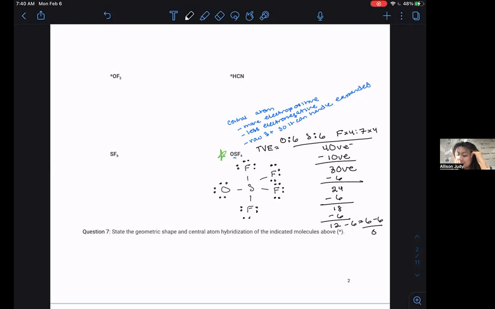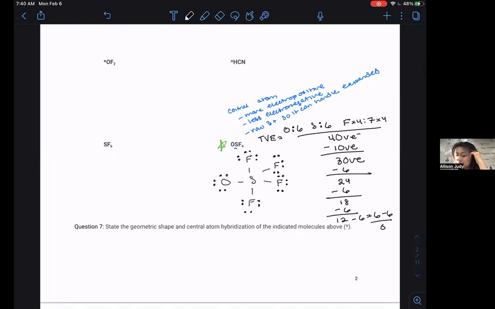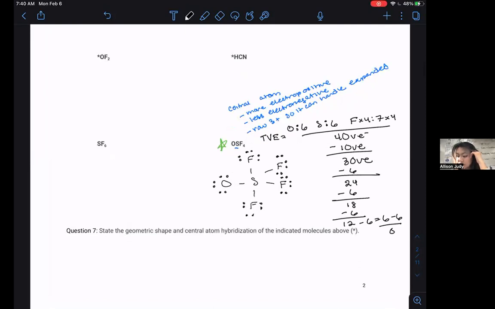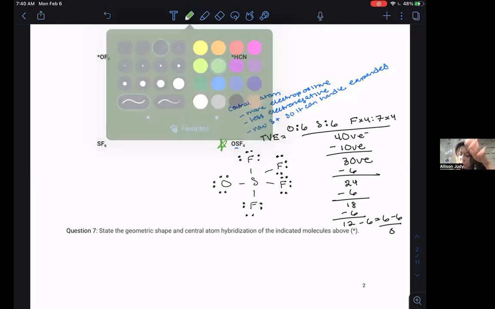Now, one thing that you're going to notice here is oxygen is one of those unique elements that tends to prefer being double bonded. It can stay as a 3 lone pair, or it can double bond. And fluorine, on the other hand, and actually any halogen, we know would never engage in a double bond.